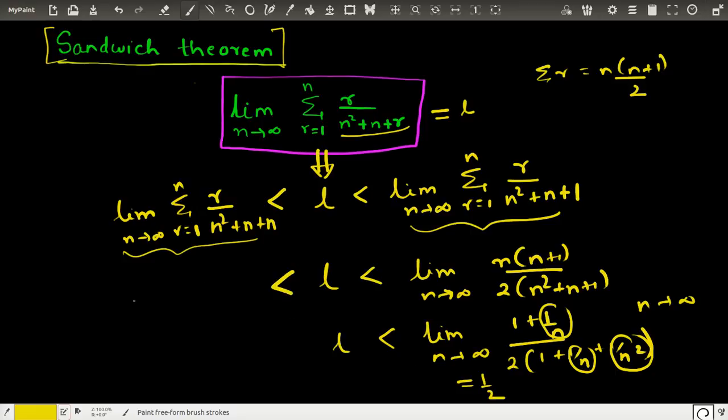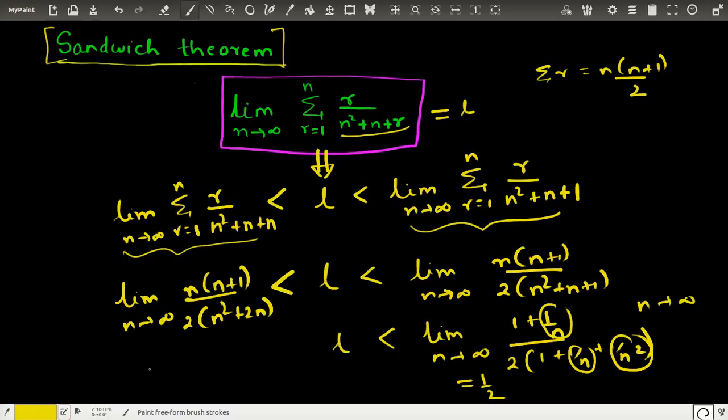On the lower side, by using similar logic, we can see that for the limit of the function, the summation r again becomes n into n plus 1 by 2, and the denominator is n square plus 2n.